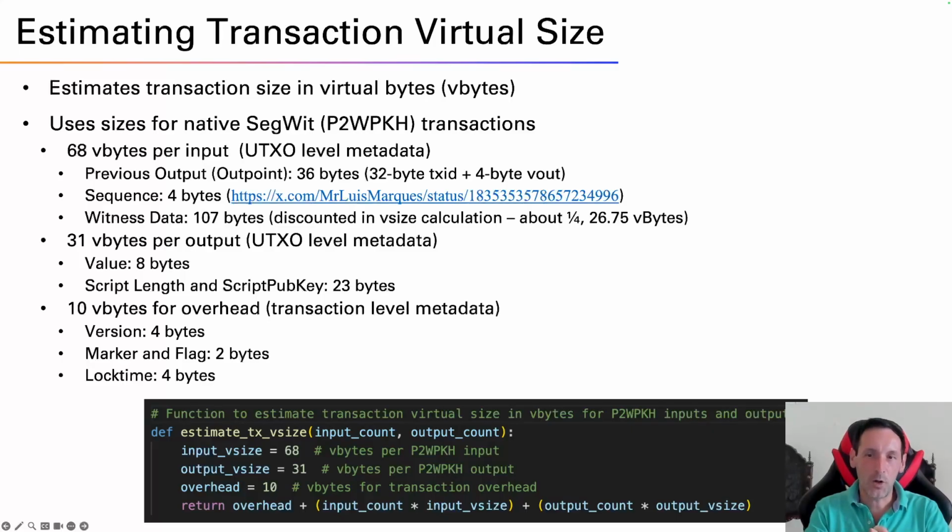Anyway, let's talk about the sequence here. Sequence is 4 bytes, and this is basically a mechanism that is used for time-locked transactions. So if you want to delay spending the input, you could use this. It's generally set to a default value if block time is not being used.